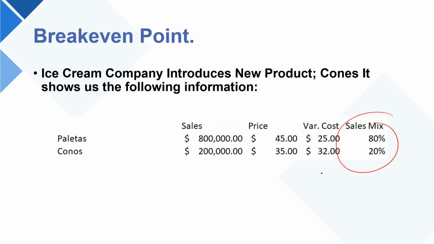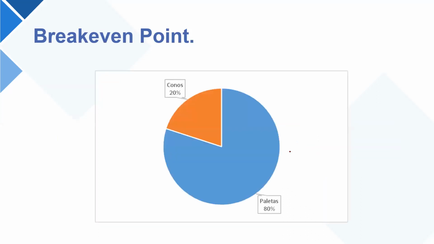It's the percentage equivalent to the total. Exactly, it's a weighted average. So my total is 1 million. I have 200,000 pesos in sales for cones and 800,000 pesos in sales for popsicles, right? So 80% and 20%. That's my sales mix.